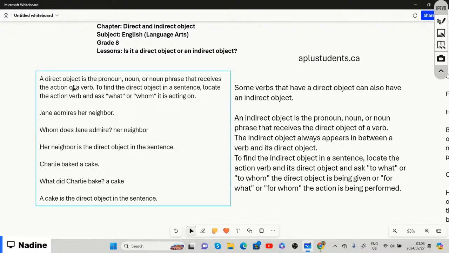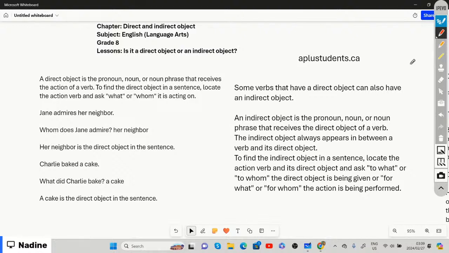All right. So a direct object is a pronoun, a noun, or a noun phrase that receives the action of a verb.